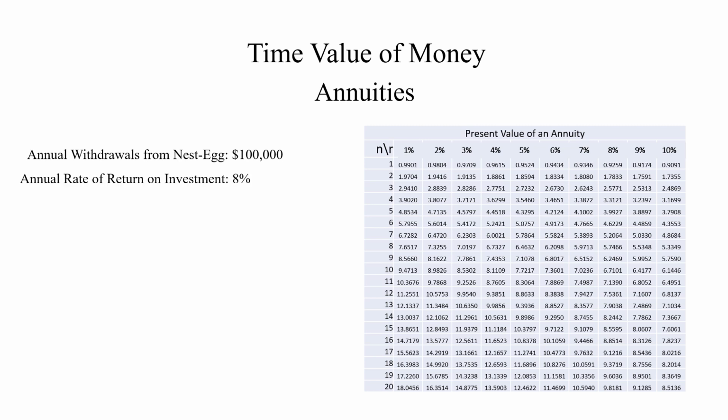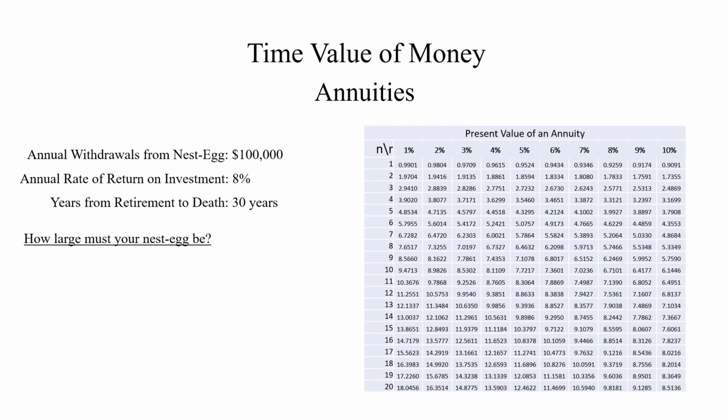Okay, so you want to withdraw $100,000 a year from your nest egg account. Suppose also that you could get an annual rate of return on investment of 8%. And also assume that you want to make those withdrawals for 30 years. So you can see here our parameters. The annual withdrawal from the nest egg is $100,000. The annual rate of return on investment is 8%.